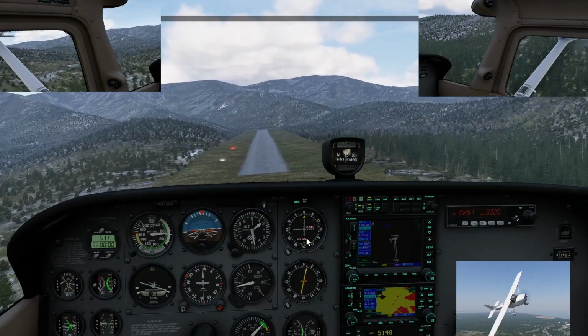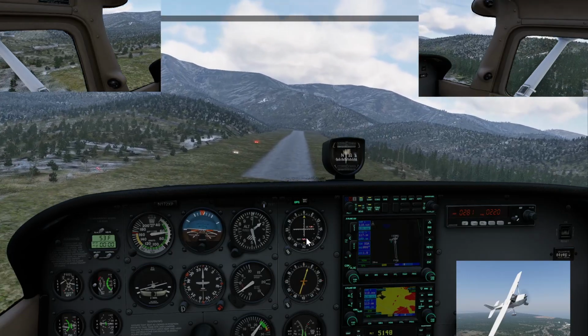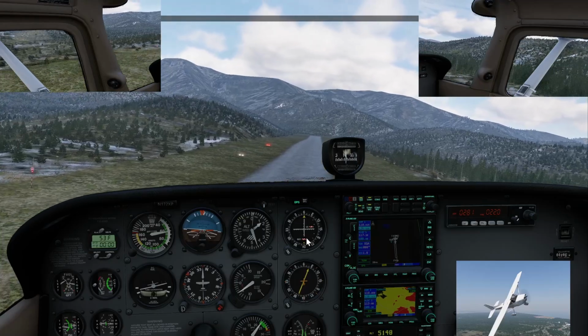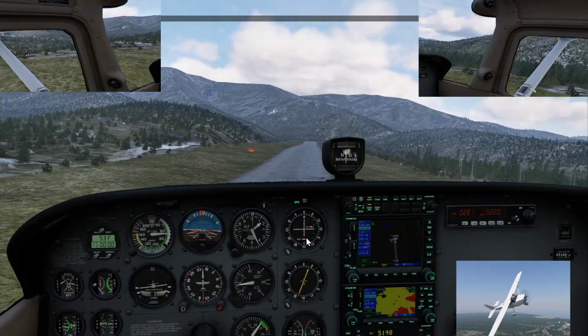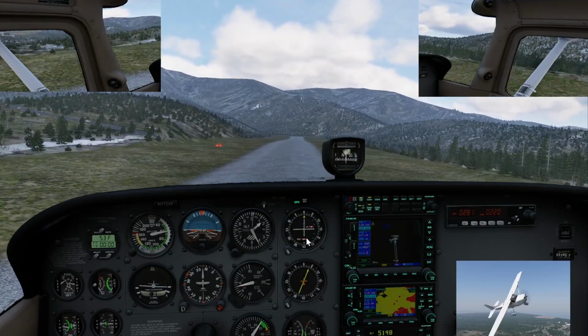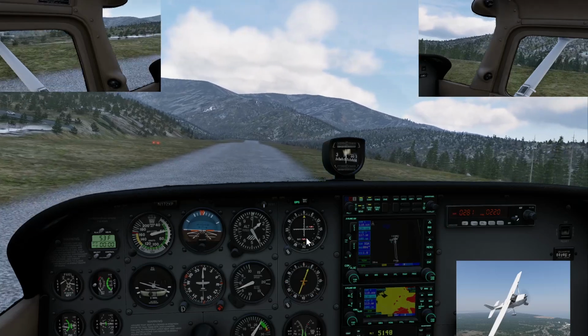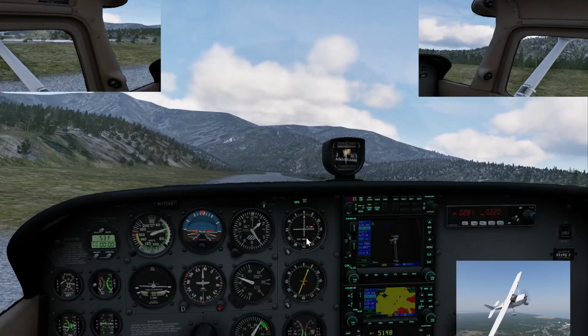Props are forward. I'm just going to stay with 20 degrees angle bank. Using a crab angle here. Then we'll go to the wing down method. It all fits like a puzzle. 60 degrees, runway's clear. Little wing down, little opposite rudder. Oops. Little gust. Oops.